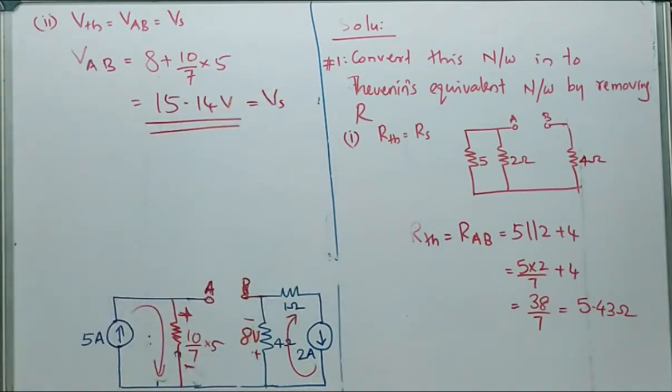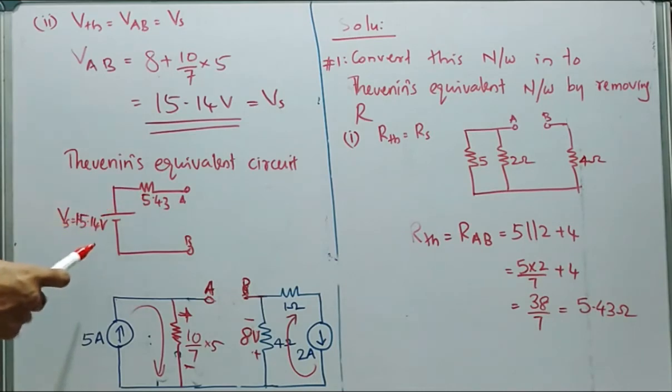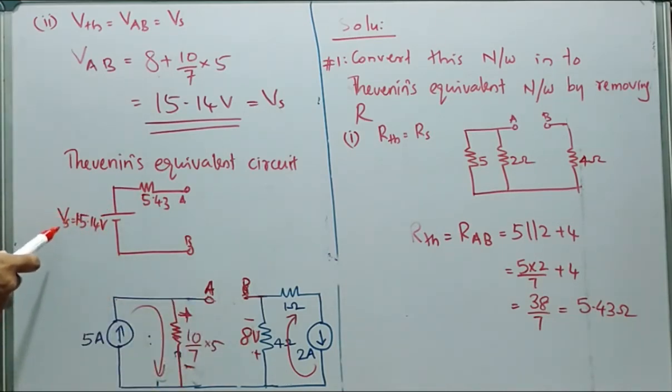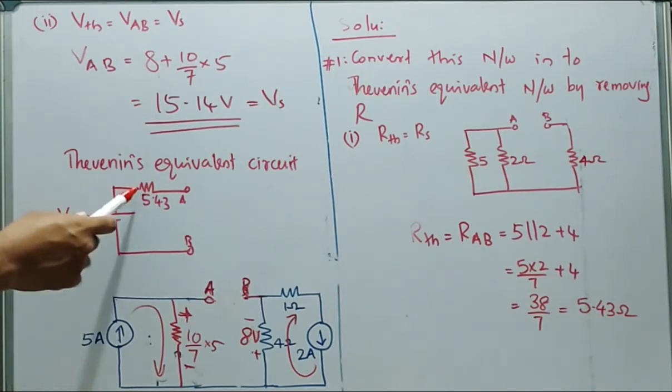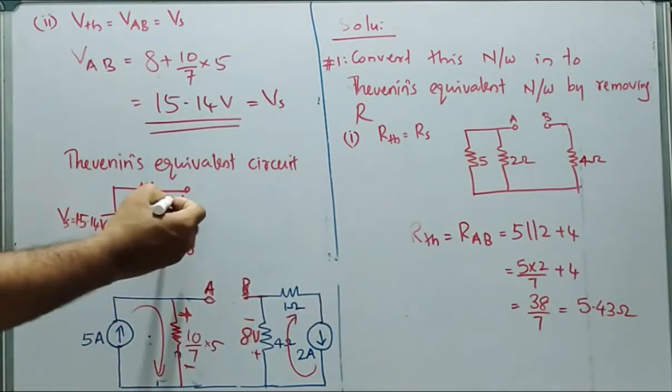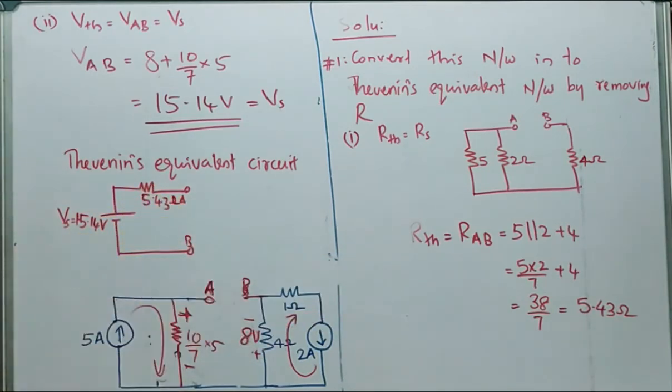Now we have the source voltage and source resistance, so Thevenin's equivalent circuit is this one. This network can be represented by a voltage source Vs with a value of 15.14 volt in series with Thevenin's equivalent resistance 5.43 ohm, at the same output terminals.